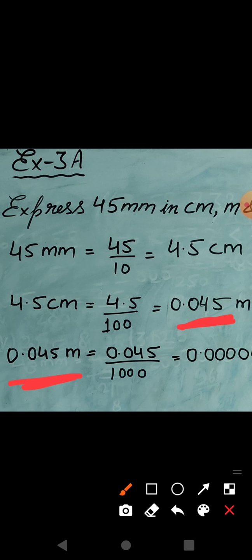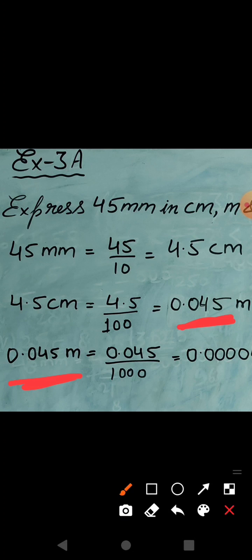Okay, so here we will do the division and we will divide by 1000, because in 1 kilometer there are 1000 meters. So here again the decimal will move towards the left-hand side. How many places? 3 places, because there are 3 zeros in the denominator.